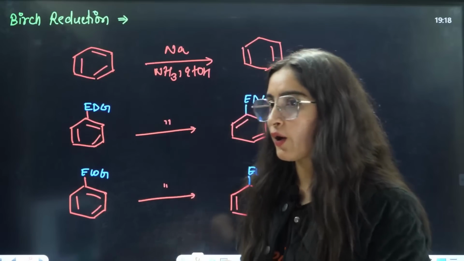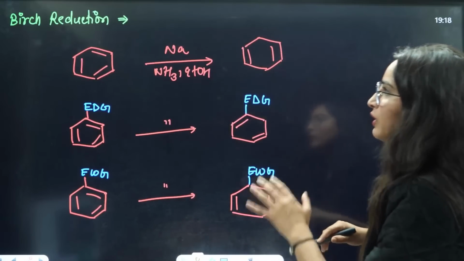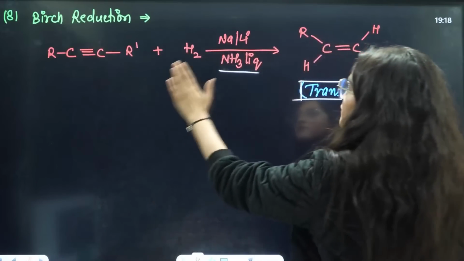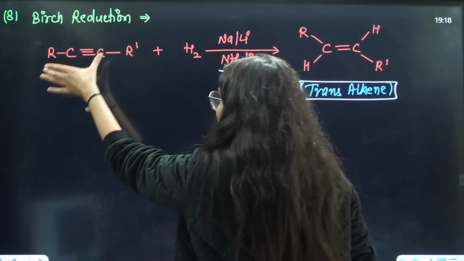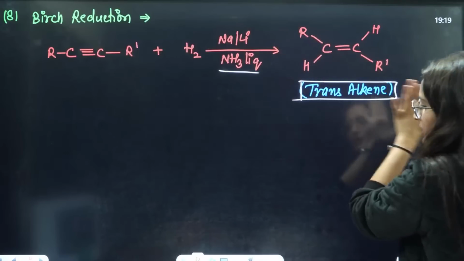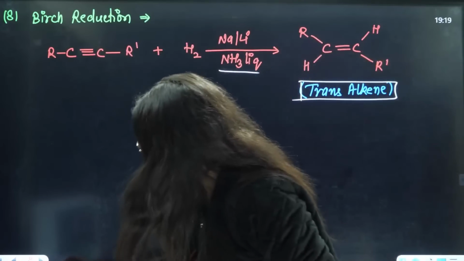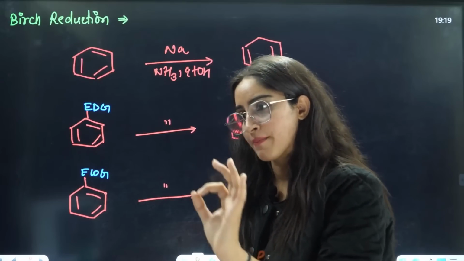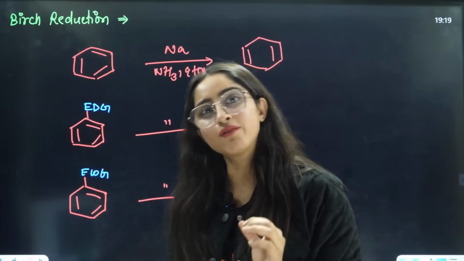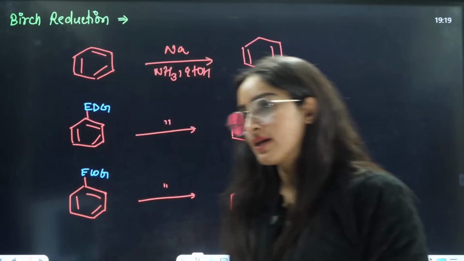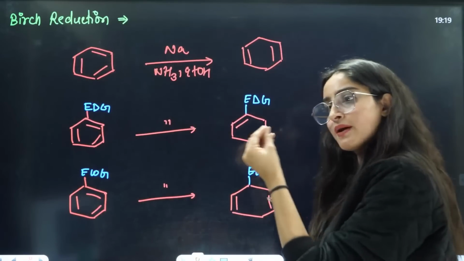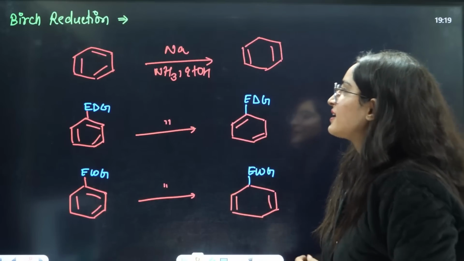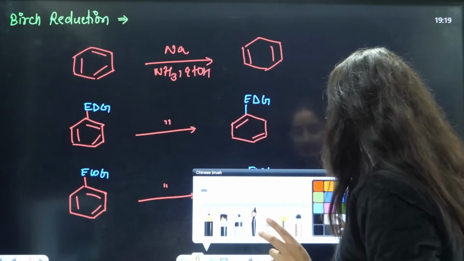Okay. Now, let us see the Birch reduction here. Simple, you have seen here that alkyne is converted to trans-alkene. Done. Now, if they are going to make the NEET 2025 paper difficult, then what will they do? Beta Birch reduction is in your syllabus. Okay, don't worry. So now let us see this.